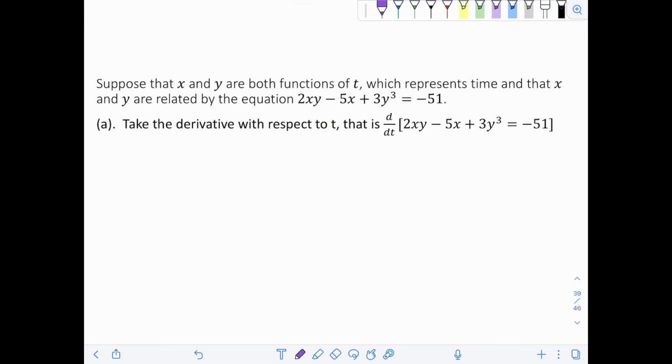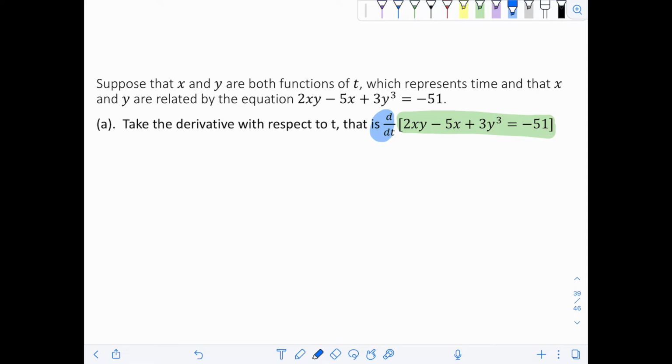Okay, let's just look at a derivative example. So let's say x and y are both functions of t, and we're going to try to take the derivative with respect to t for this equation. This equation might look like something really similar that you had seen in section 6.4, but the difference here is the derivative that we're taking. Now we're taking it with respect to time, so we need to treat both x and y as implicit differentiation.